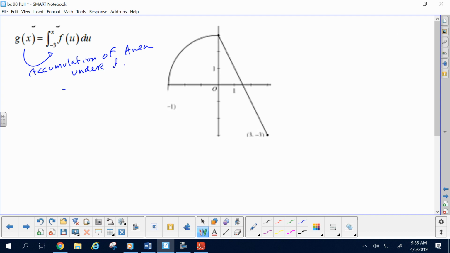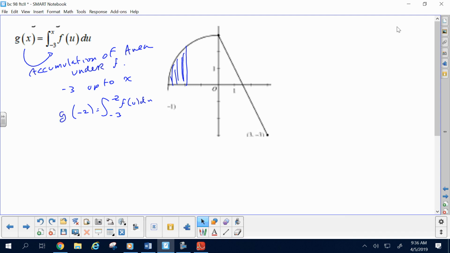From -3 up to some varying right endpoint x. So if I wanted to visually show what does g of -2 mean, then that would represent the integral from -3 to -2 of f. And so it would mean that, yeah? All right, so far so good?